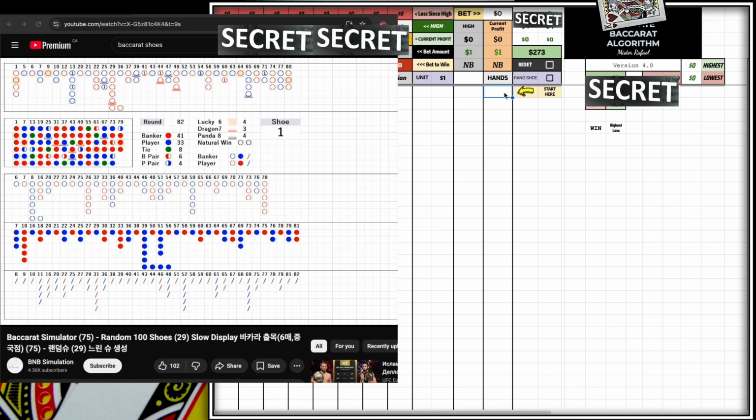I'm pretty confident about this algorithm. I hope it works out. Let me go ahead and enter in all the hands. If you want to pause and see if I'm entering the hands correctly, you can do that. But I can assure you, my attention to detail is very high. I will enter the hands in correctly. All right, so shoe number 1, here we go.